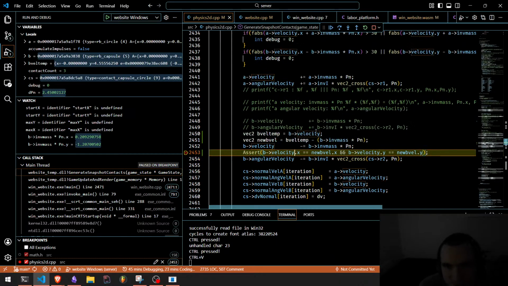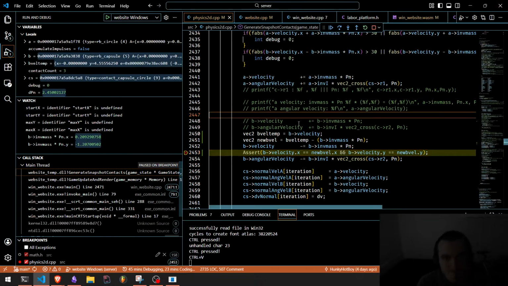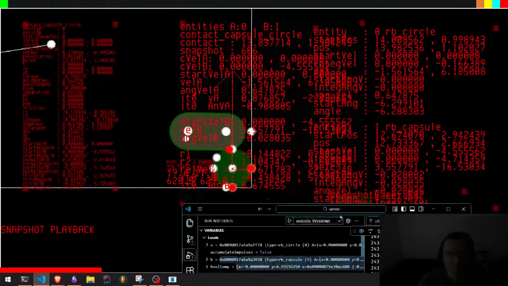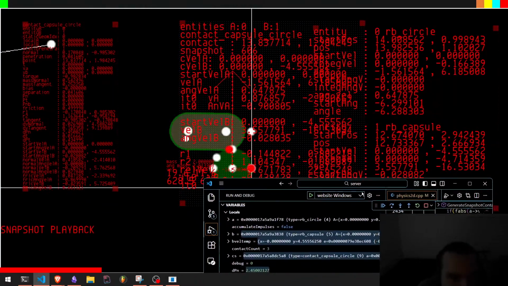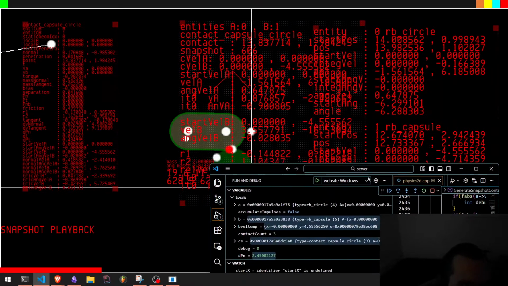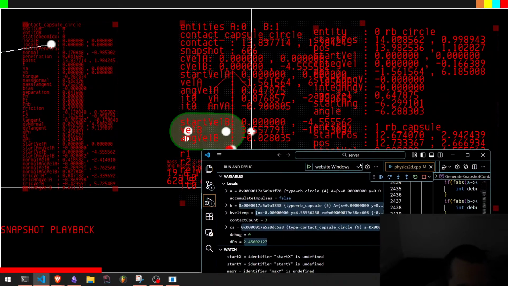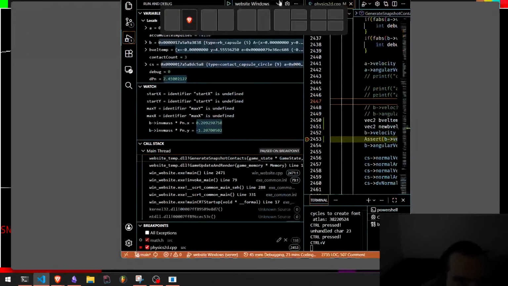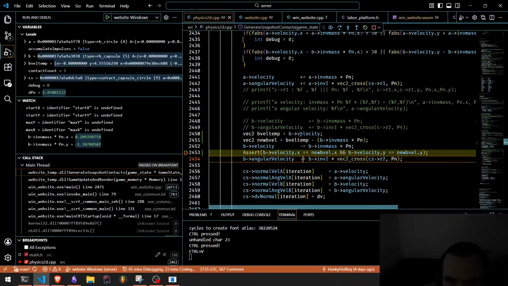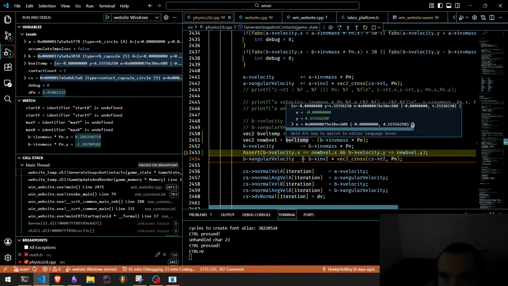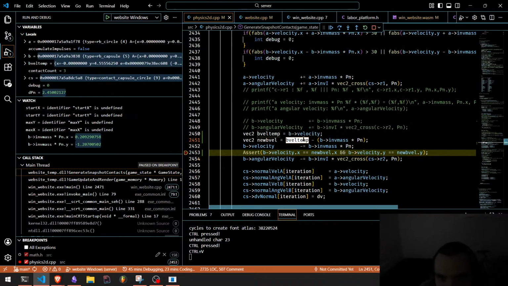Not doing something right. Start velocity B, e to 4.55. So why does it say that it's positive 4.55? Why is it doing that?